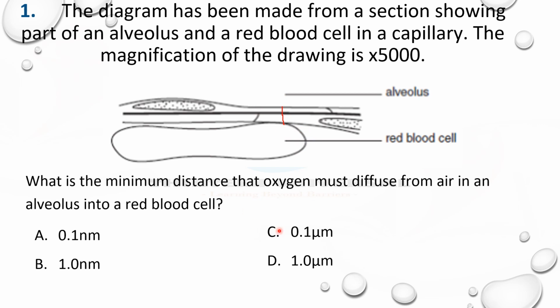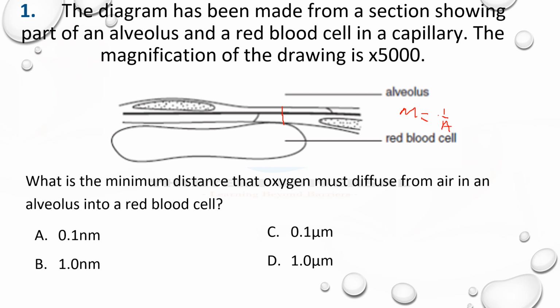This question is a synoptic question in the sense that it is bringing microscopy and cell structure together with animal transport. So remember what our formula says: magnification is equal to image over actual.